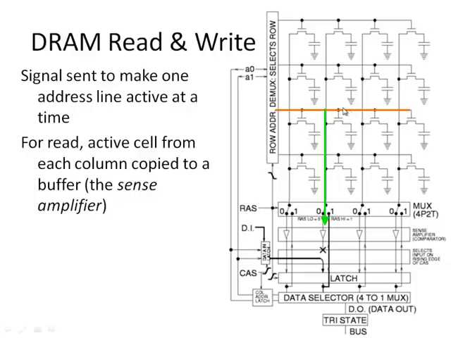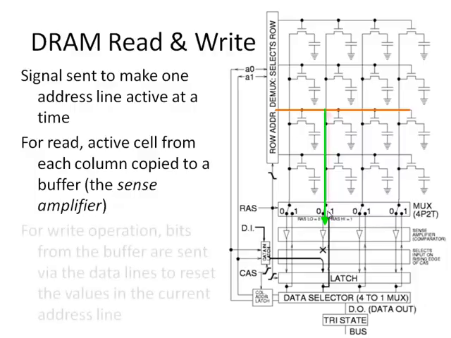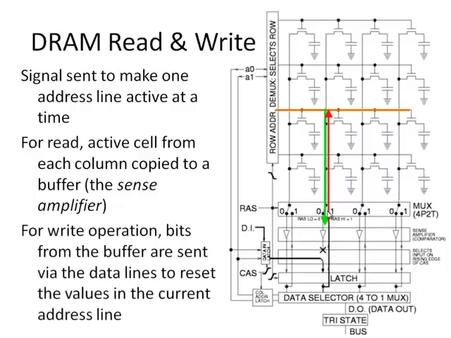And so this cell here, its value is copied down to this sense amplifier, it's called, but it's basically a buffer that just stores the values that have been copied from the RAM. When we're doing a write operation, it's basically the same idea. We put values into the buffer, we activate the lines, and with a particular active address line, that switches on the transistors so that they can receive the charge that we're sending up the line.